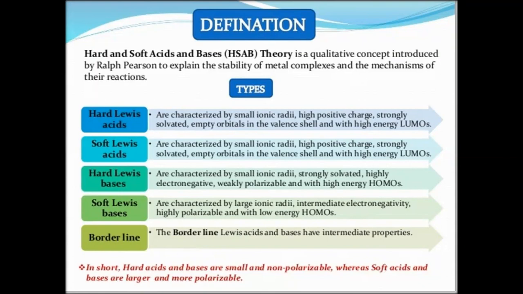To predict the stability of a complex or coordinate compound formed between acids, that is metal ions, and bases, that is ligands, Pearson suggested this rule, which is Pearson's HSAB principle.